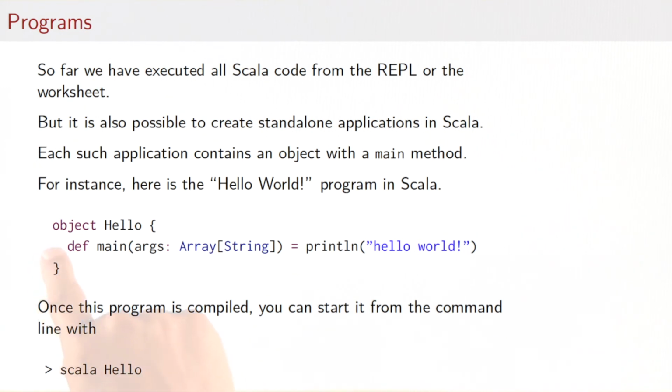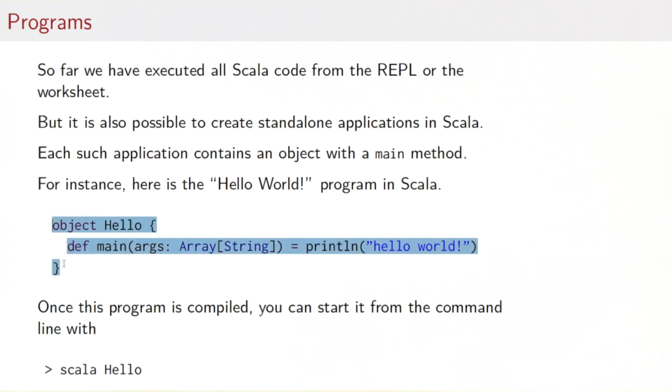You would write an object, name it Hello. It has a main method. Then, as in Java, that main method will have to take an array of strings. You can ignore that for the time being. And the body of the main method would be a println with hello world. Once you compile this program, you can start it from the command line simply with scala and then Hello. Or you could also use java and Hello. They would do the same thing in this case.